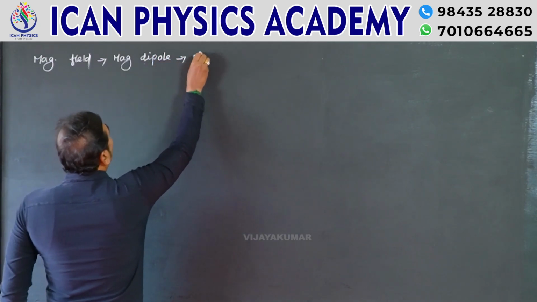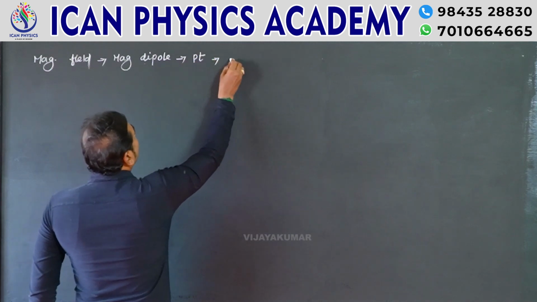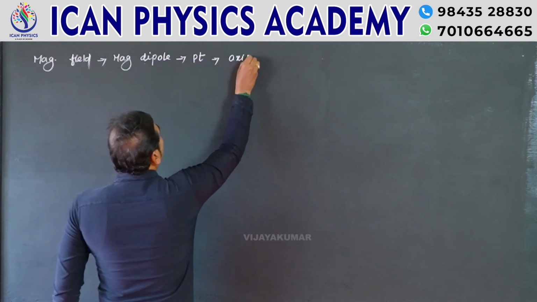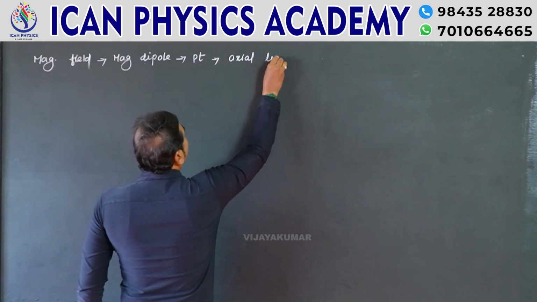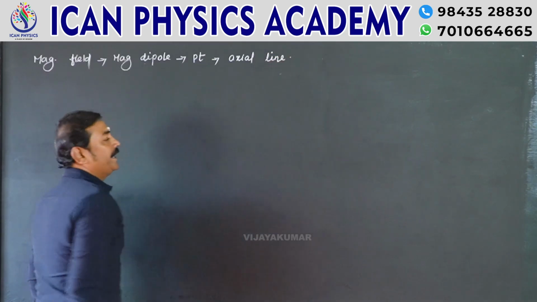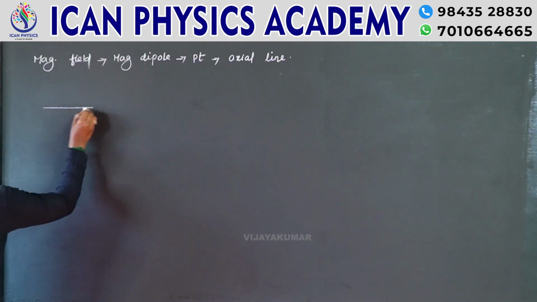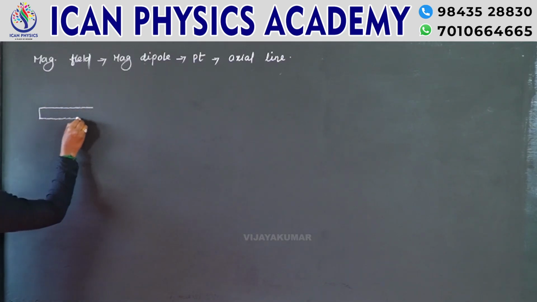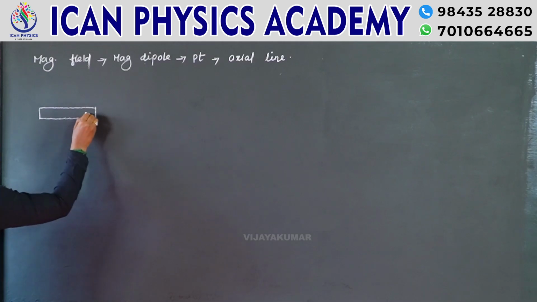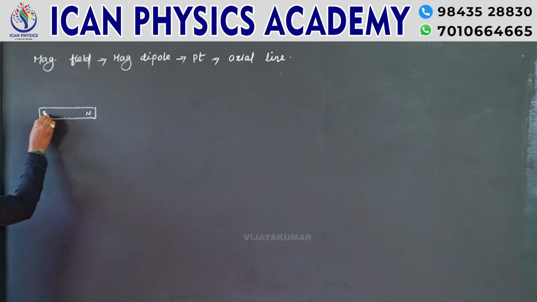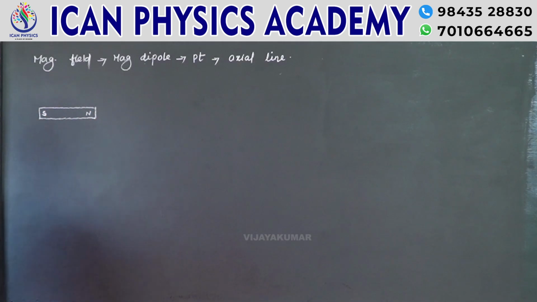Okay. So let us consider a bar magnet. Now it will have a north pole and a south pole. So it is acting as a dipole.